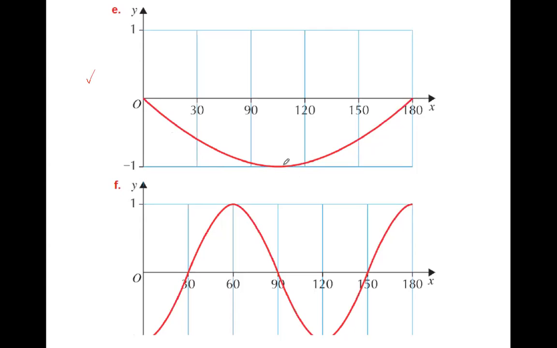The amplitude here is -1, so that's a minus. Because I'm starting at 0, it's a sine. And because this will go up to 360, this is just minus sine x. But you've only been given half of it, so you need to really watch that.